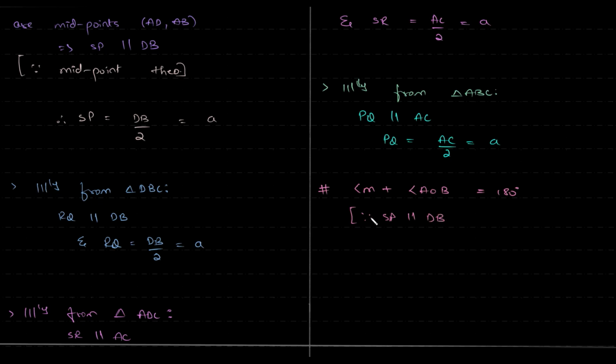I have the diagram in front of me, so I'm able to do this, right? And these two are, yes, co-interior angles. Okay, so we have this set of things, and therefore angle M is equal to 90 degrees, right?